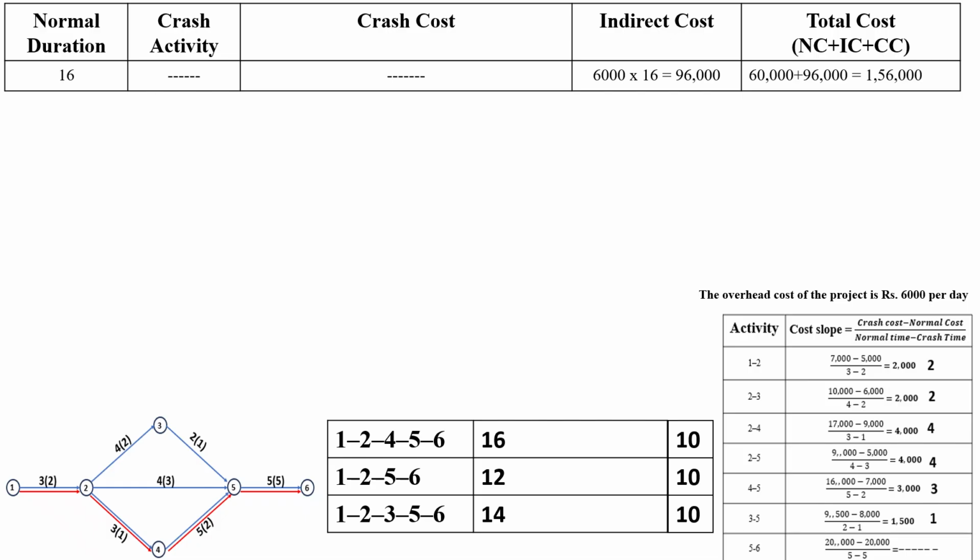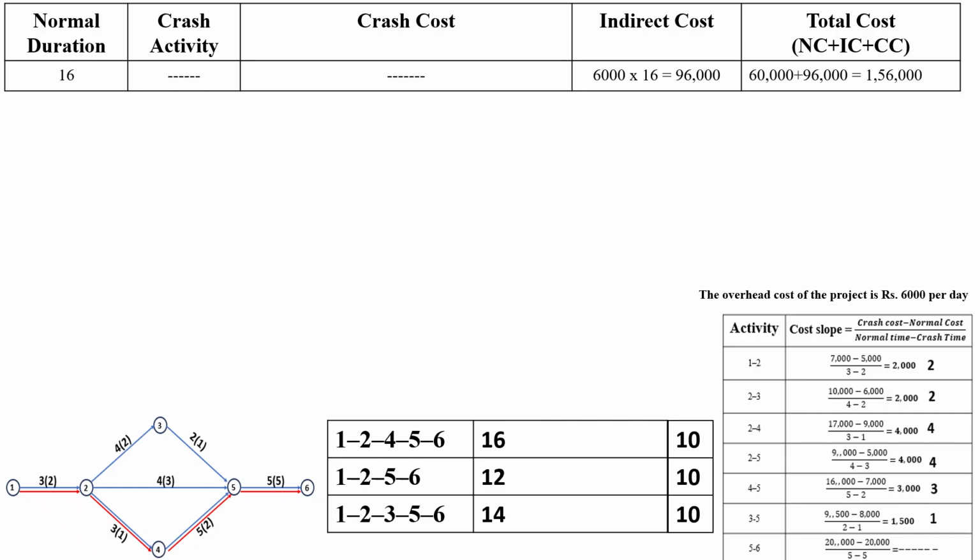So always start without any crashing. The normal duration is the duration of the critical path, which is 16 days. So normal duration is 16 days, and there is no crashing activity and no crashing cost.